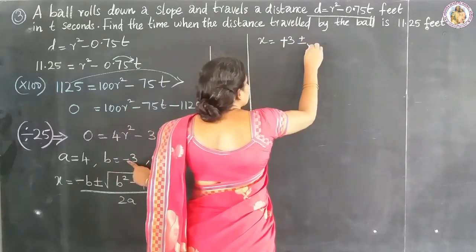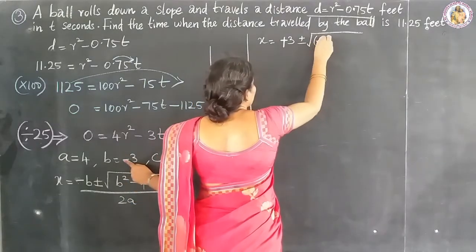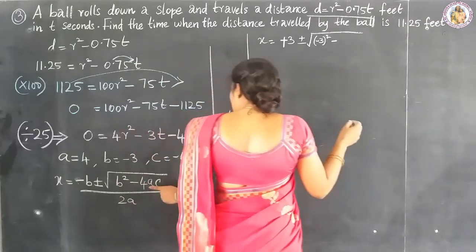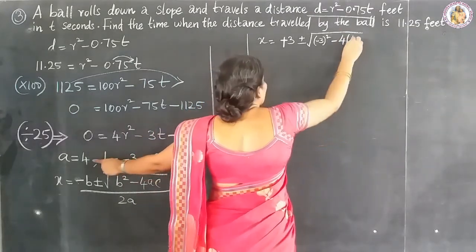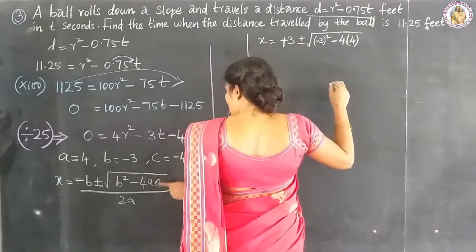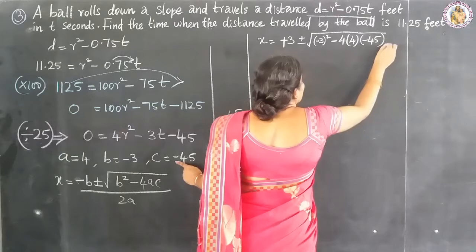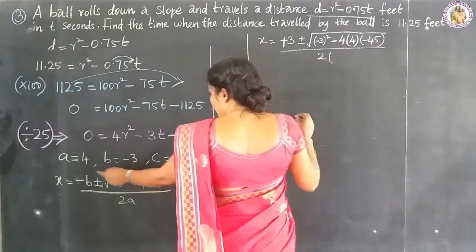Plus or minus square root of b square. b square is minus 3 square, minus 4ac. 4a: a is 4 and c is minus 45. Divided by 2a. a is equal to 4.